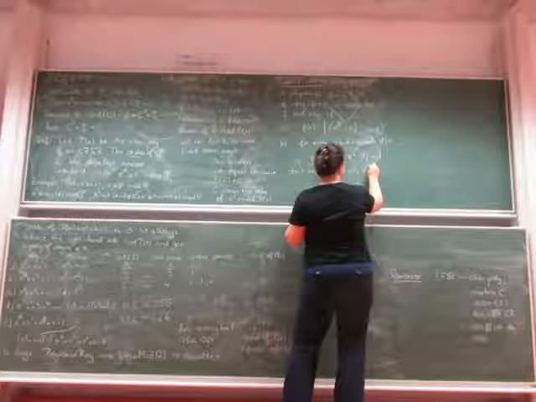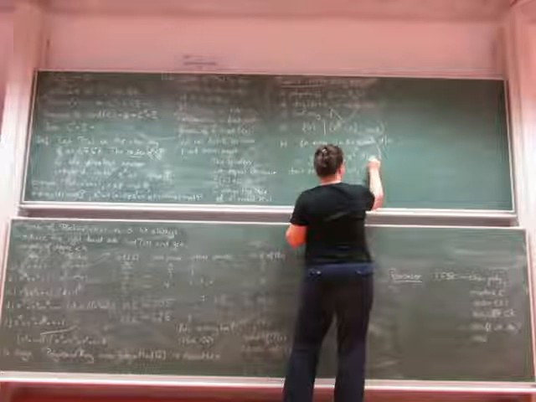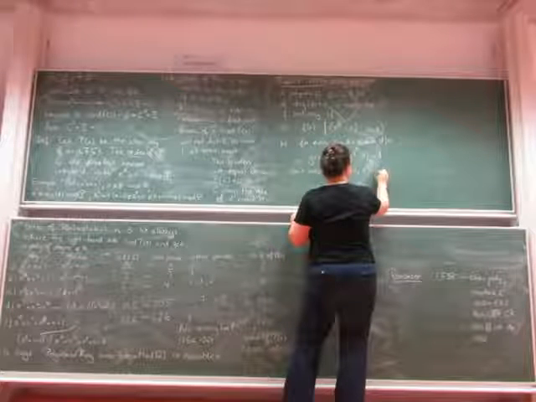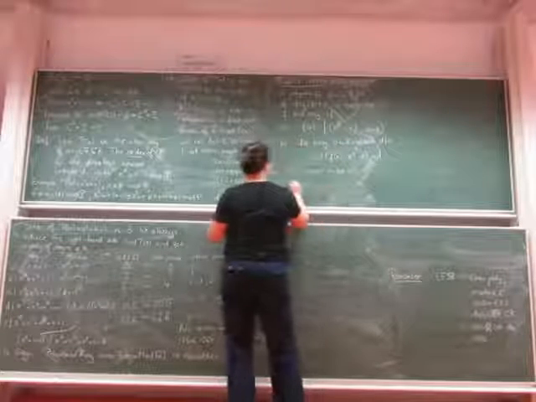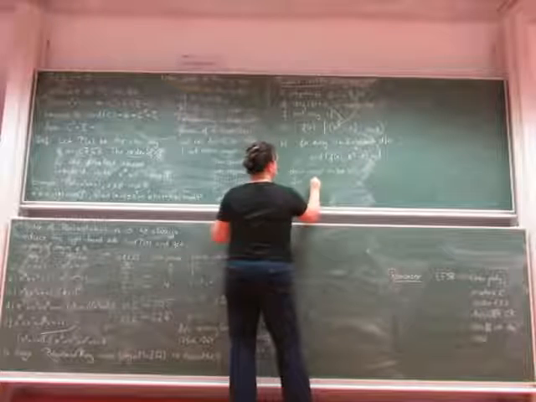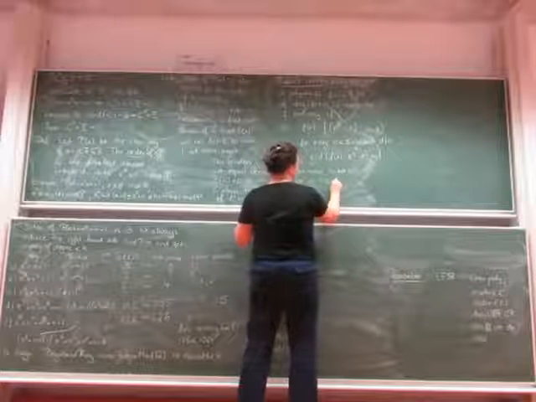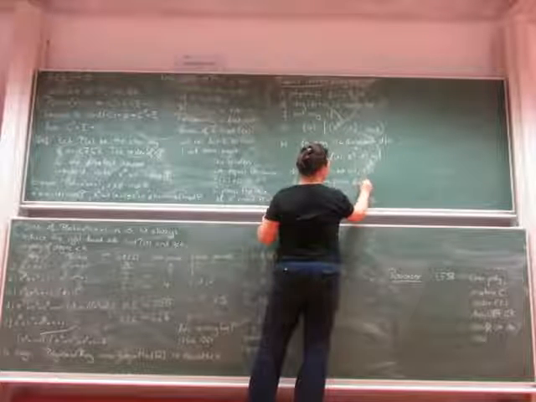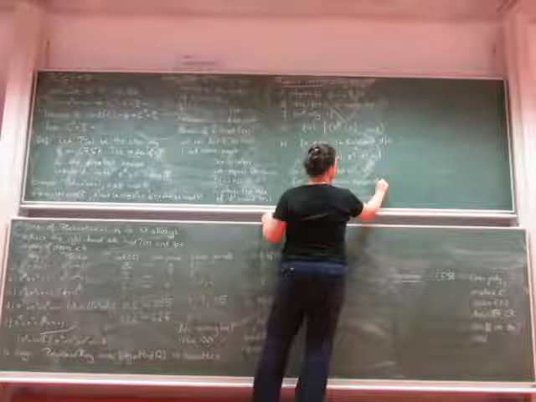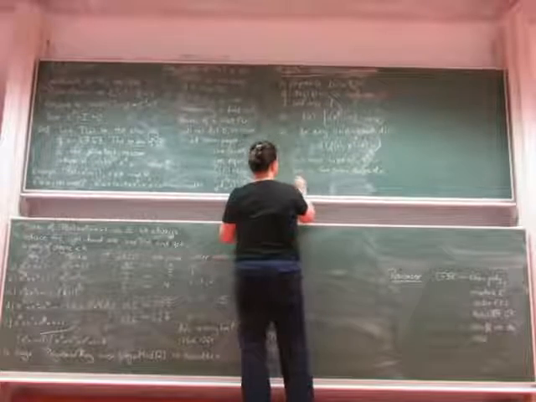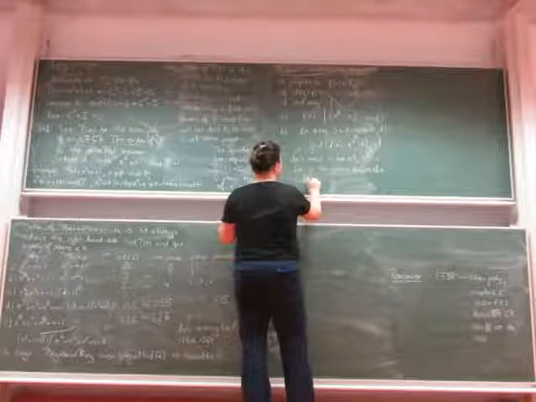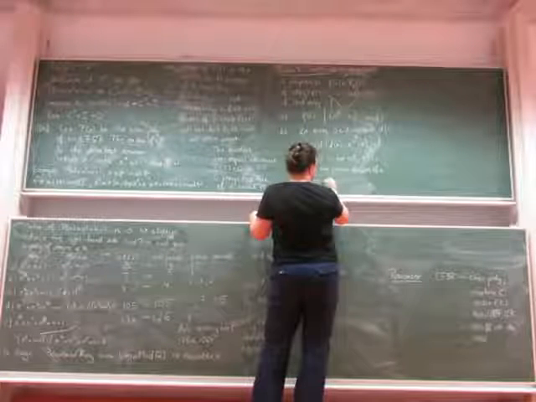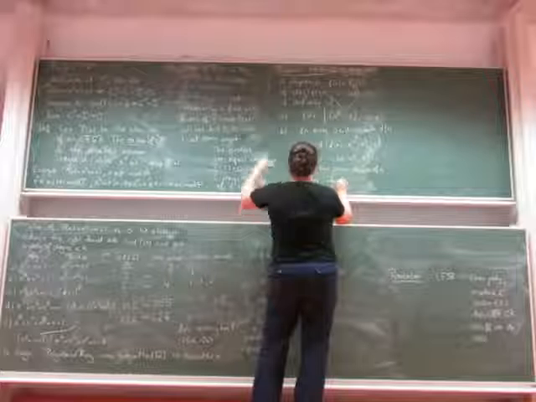It's sufficient to compute q to the n divided by p_i, minus x, for p_i the prime divisors. This thing suffices. But we don't care about this. We actually care about the A part.